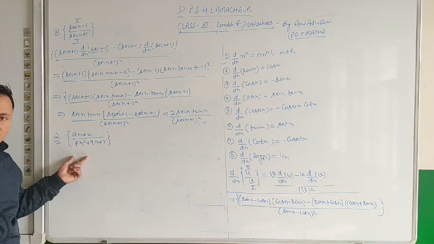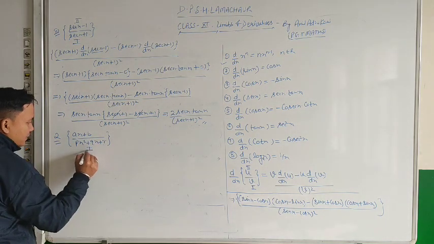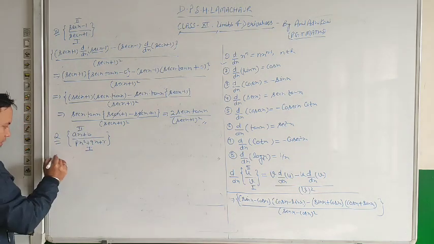Again, since it is a rational function, we will use here the quotient rule. So for the quotient rule, let it be the first and let it be the second function. Now apply the formula.